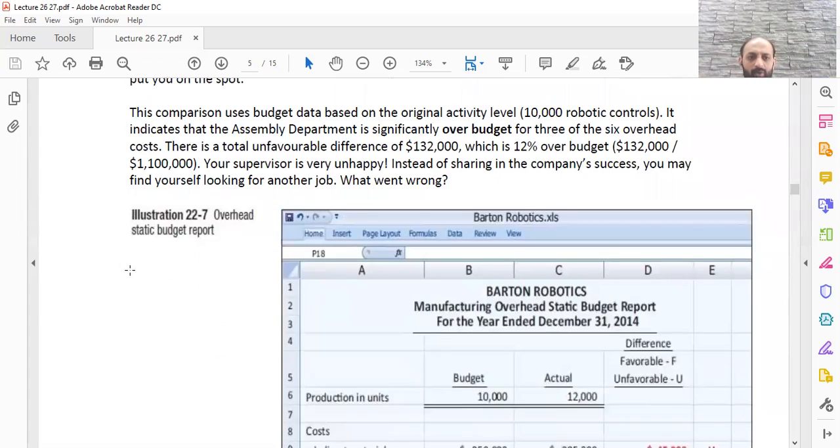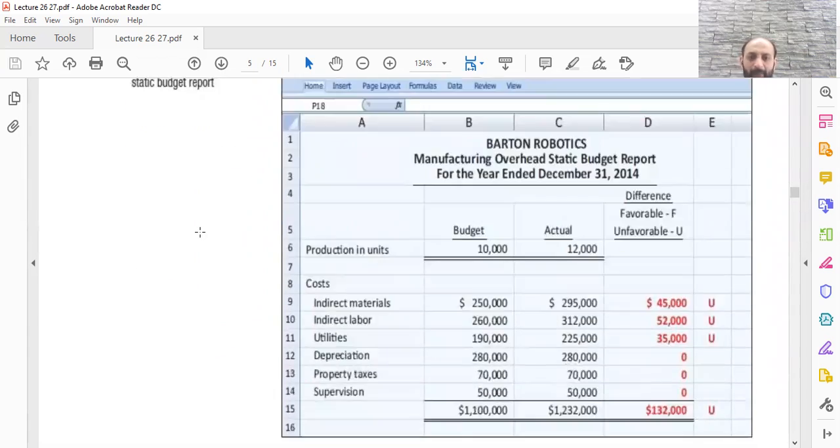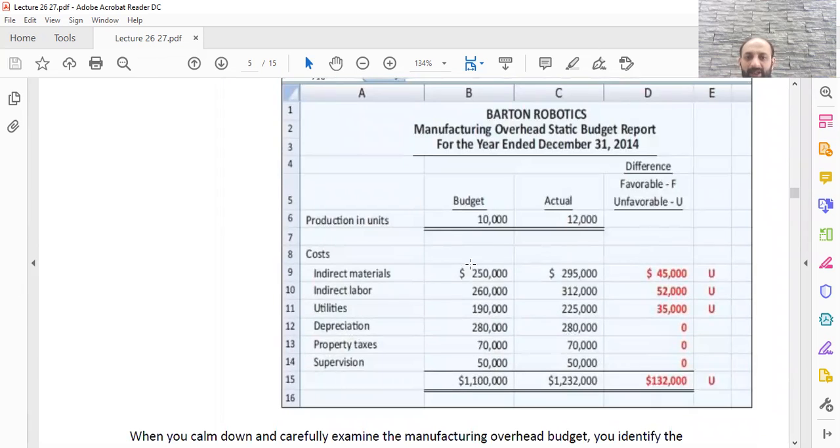Now how do you compare it? You see the total cost at the budgeted 10,000 and the cost when the actual output was 12,000 units. So there is an unfavorable outcome of $132,000. It means you incurred $132,000 more manufacturing overhead. But the problem is that you also made 2,000 units more.